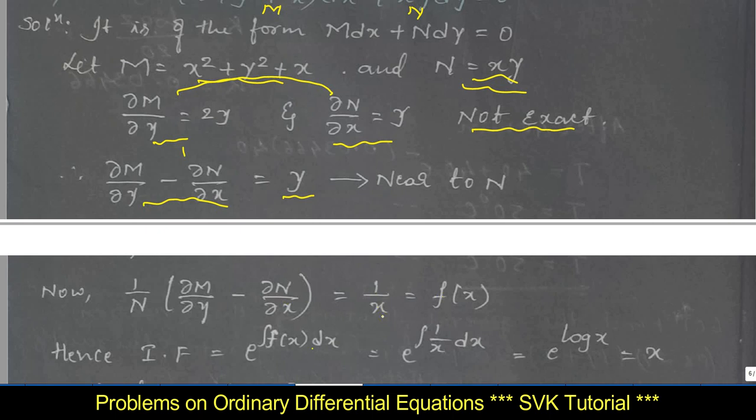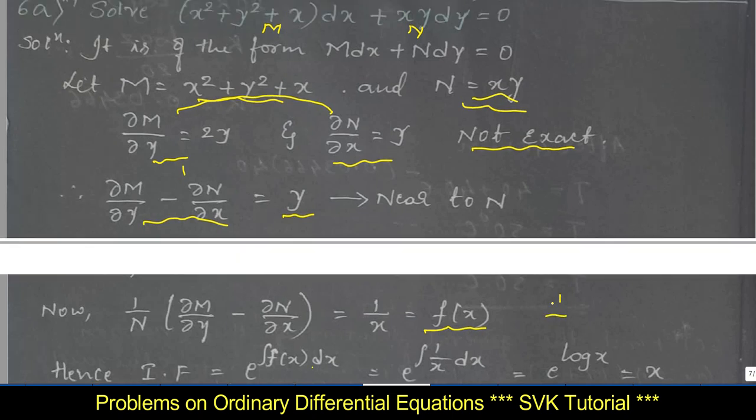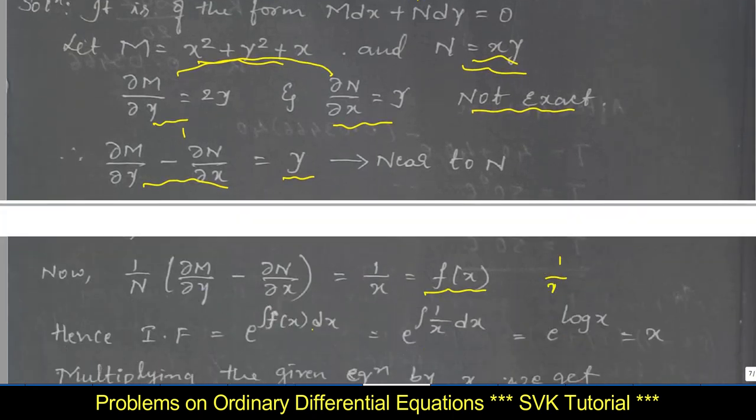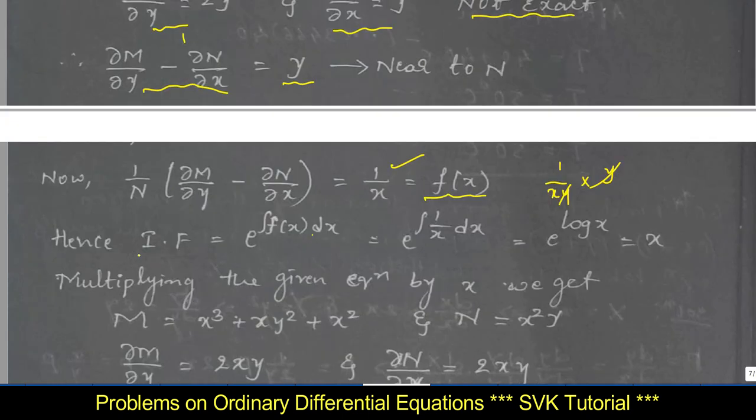So which is nothing but, as it is a function of x, I am going to denote that as f of x. So we got 1 by x, since the N value is xy, divided by xy here, xy into difference is y. So here y gets cancelled, which is nothing but 1 by x. Now we are going to find out the integrating factor.